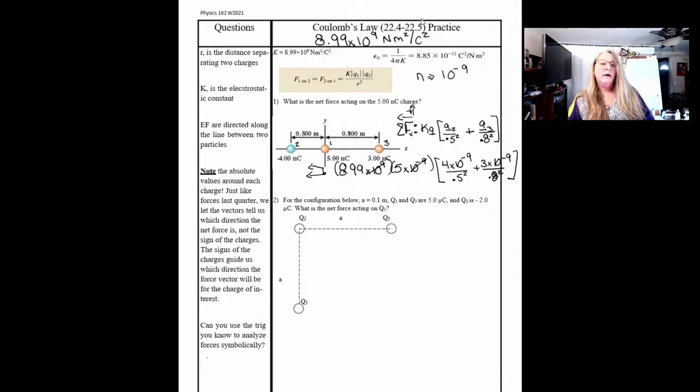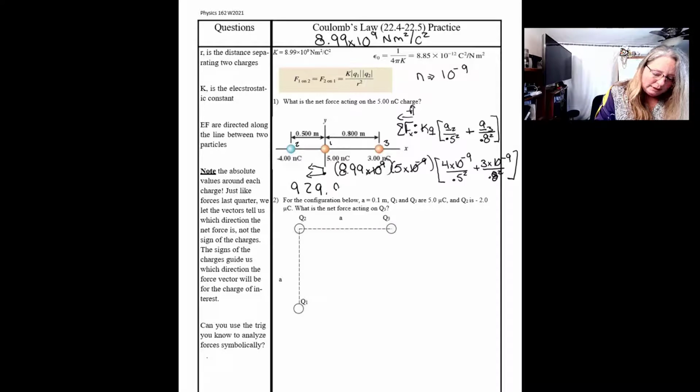So let's put that in our calculators and see what we get. So after putting it in my calculator, what do I get? I get 929.9 times 10 to the negative 9.